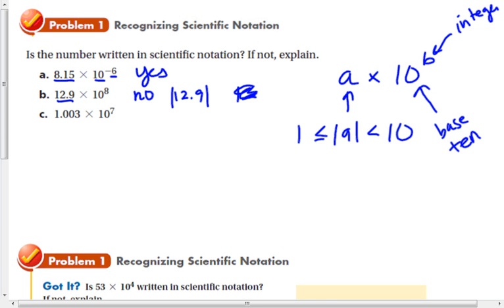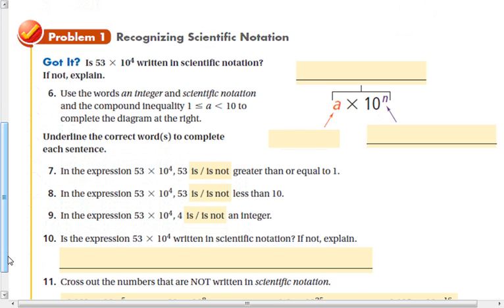So that number is too big. And then the last one, that one is written in scientific notation. This number is greater than or equal to 1. We have a base of 10. We have an integer power, so that one is written in scientific notation. So, yes. All right, you try that. See if you can recognize scientific notation.